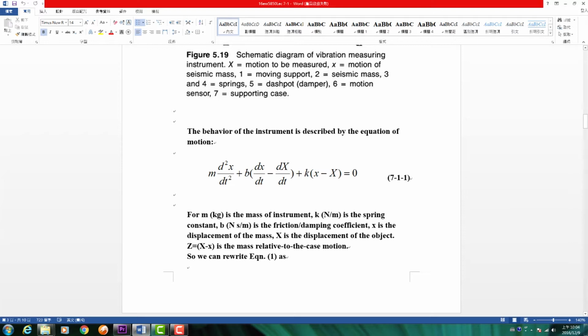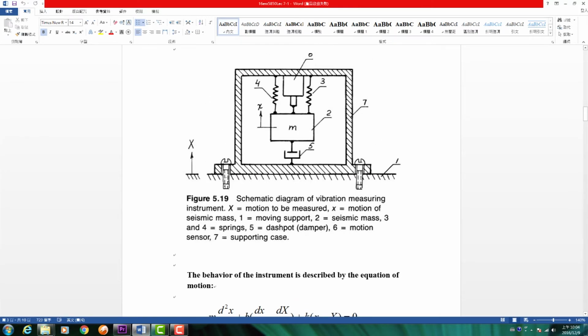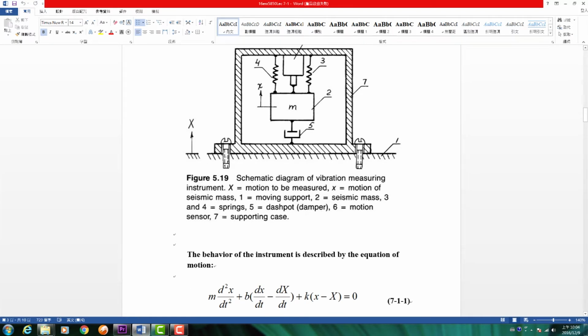Small x means the proof mass, the small mass. Big X means the large case, the large mass. So you first have the acceleration of the small mass. The acceleration times the proof mass, the small mass, gives you the inertial force generated onto the small mass, which is m d squared x over dt squared. The second derivative gives you the acceleration.